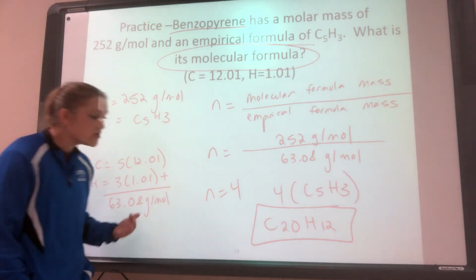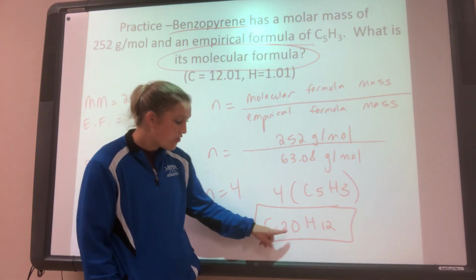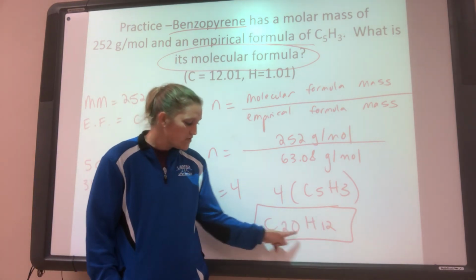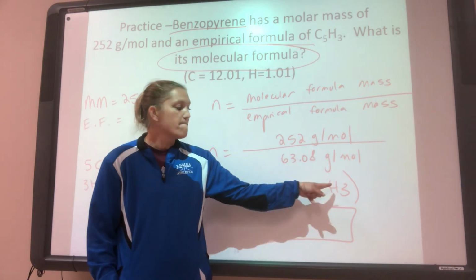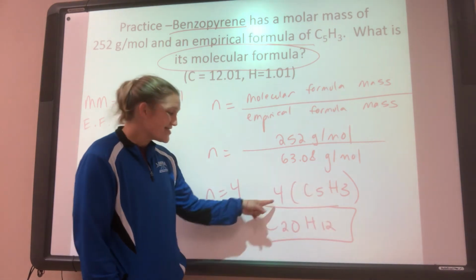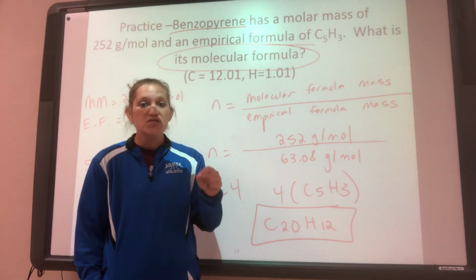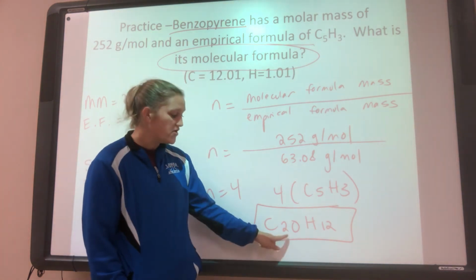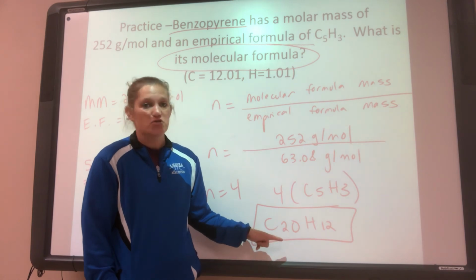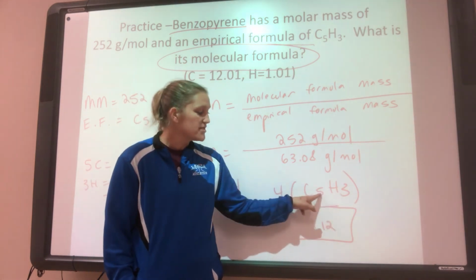Now, one of the things I want you to notice is your molecular formula can always be reduced. If you reduce the molecular formula, you get the empirical formula. So this step is kind of like step 5 of the empirical formula. But the difference with step 5 and the empirical formula is your final answer is not something that can be reduced. Because remember, empirical formulas cannot be reduced.